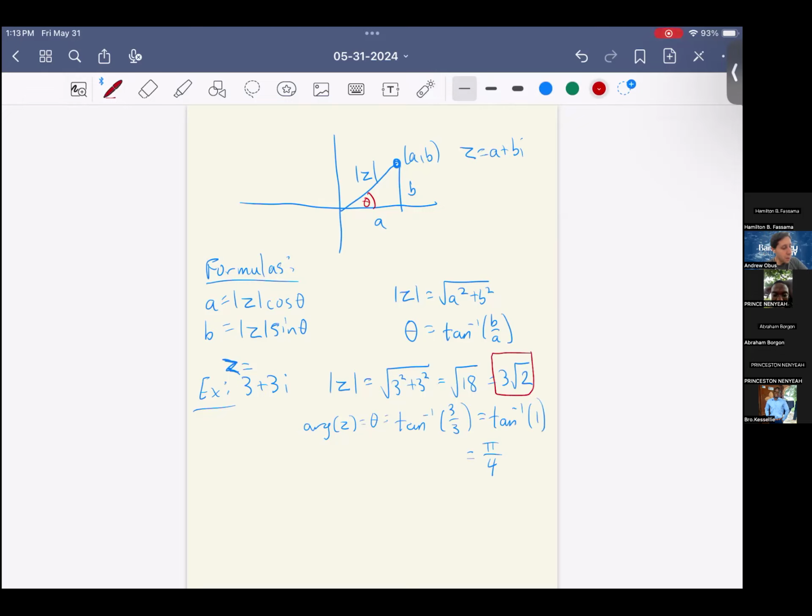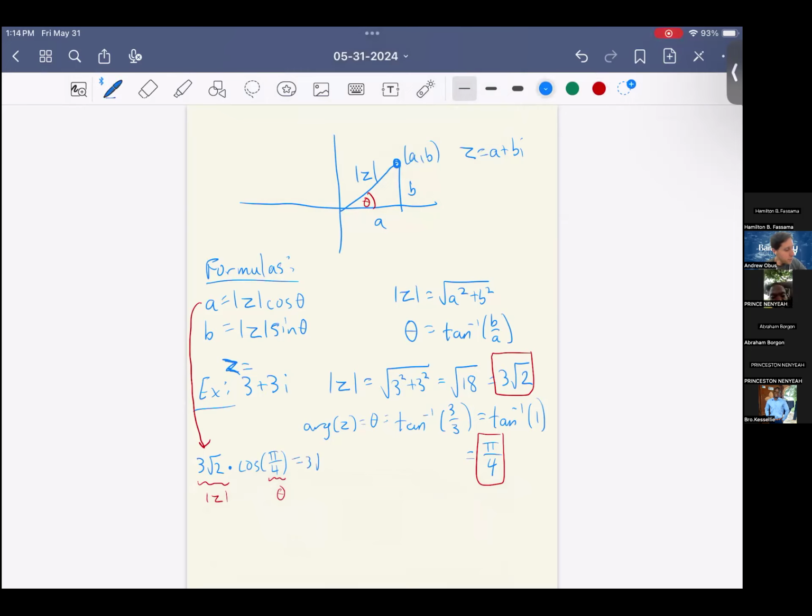So if you have a complex number, you can figure out its absolute value and its argument. And if you have the absolute value and the argument, you can figure out the complex number. What am I looking for? A. If I take 3 square root of 2 times cosine of pi over 4, that's the formula up here, where this is the absolute value of Z and this is theta, then what do I get?